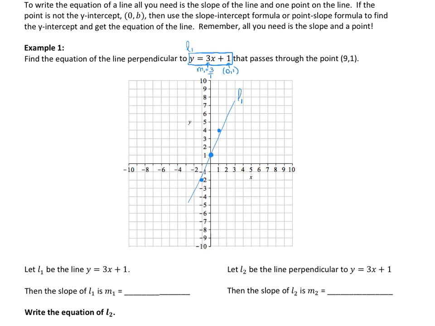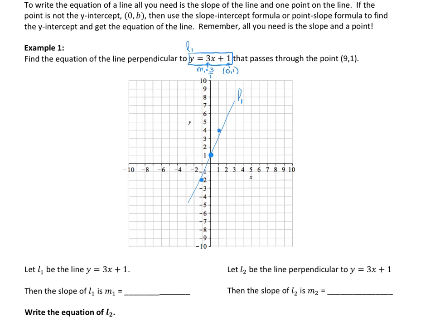Now, my goal is to find the equation of a line that's perpendicular to this blue line. Would you agree that there is an infinite number of lines I could draw that would be perpendicular to L1? Each of these, if they hit that blue line at a 90-degree angle, is perpendicular to L1.